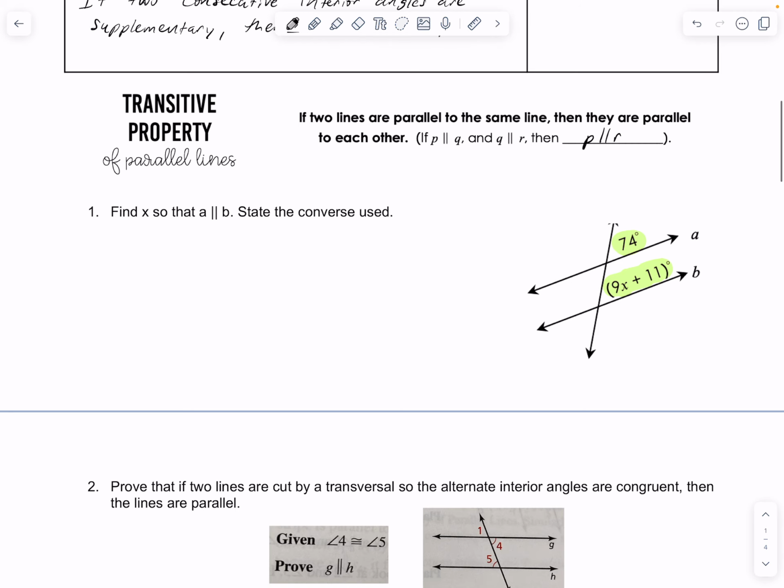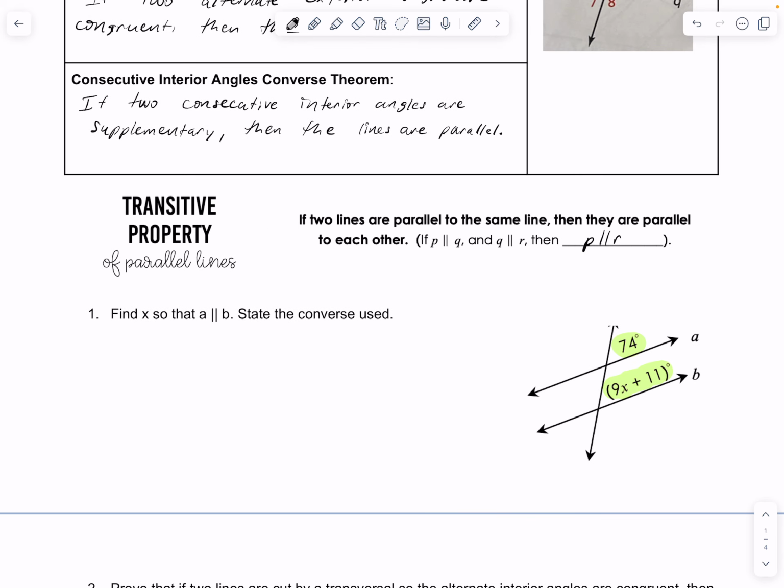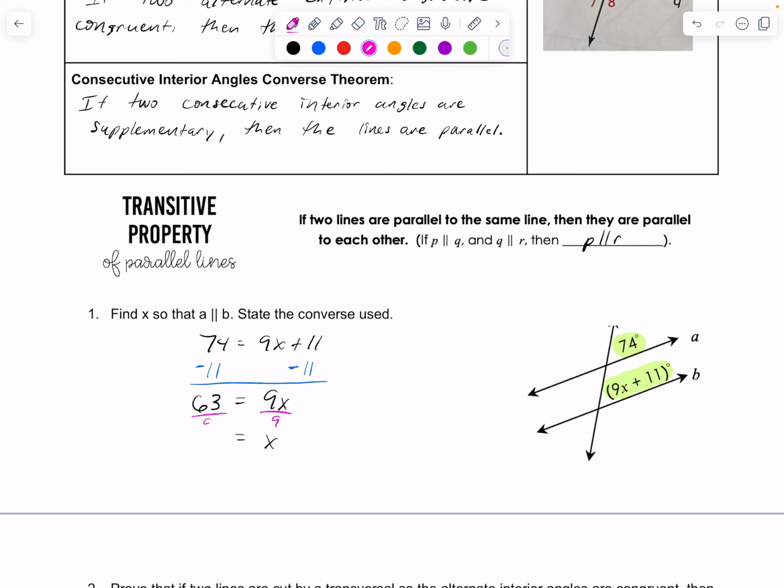If I figure out a way to make these two angles congruent, then I could say that line A is parallel to line B. So I'm going to set 74 equal to 9x plus 11. I'm going to move that 11 to the other side to get 9x is equal to 63, and dividing both sides by 9, I'll get x equals 7.